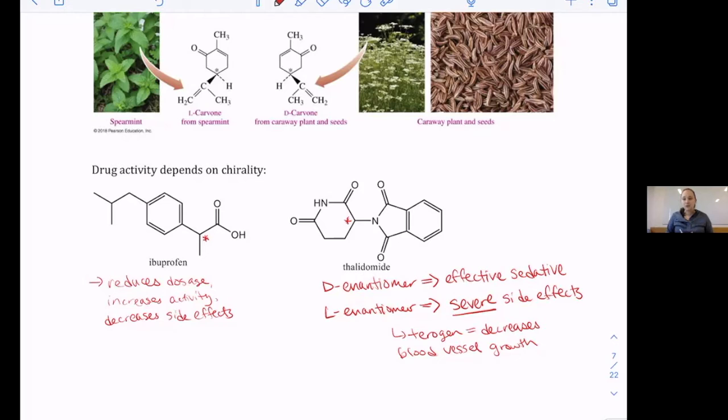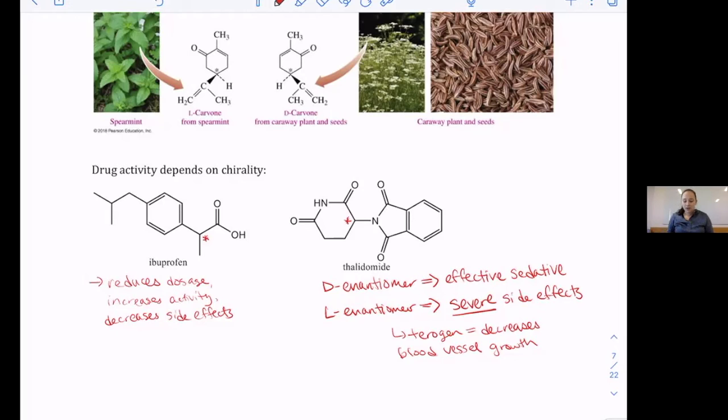as the fetus was growing, the blood vessels couldn't grow because of the pterogen properties. So in order to help the fetus survive, the nature of it naturally just made it so that their limbs didn't grow, because then they couldn't get blood to those limbs.